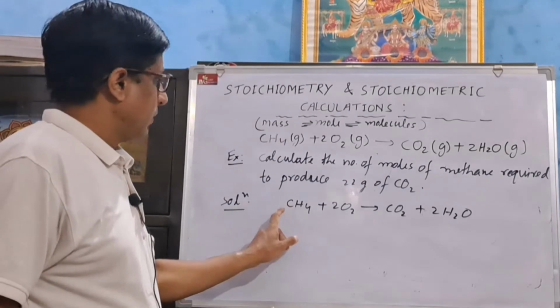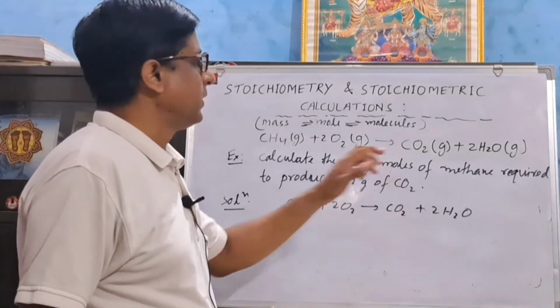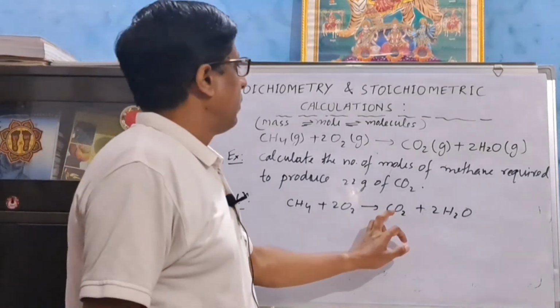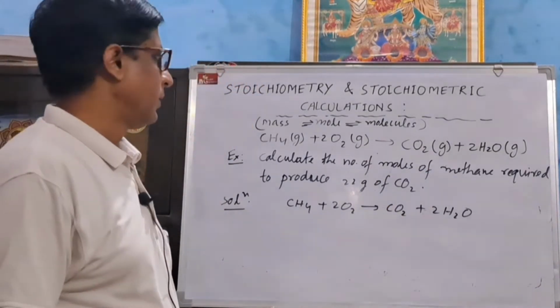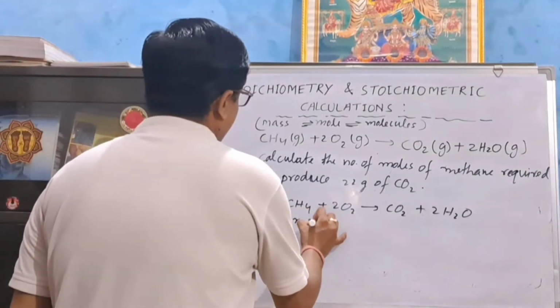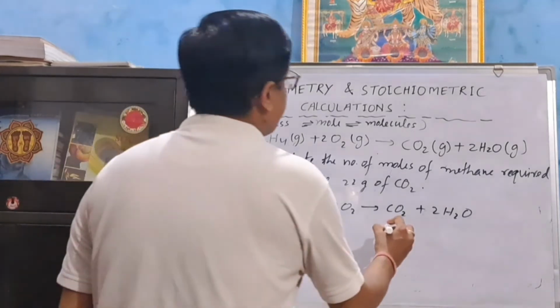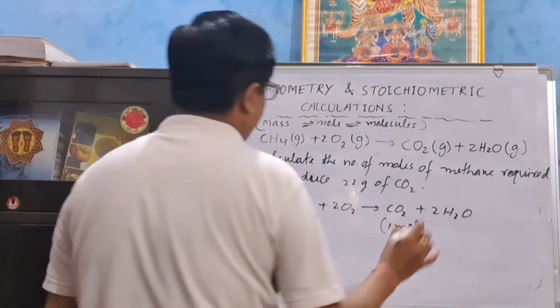Here, 1 mole of methane reacts with 2 moles of oxygen to produce 1 mole of carbon dioxide and 2 moles of water vapor. 1 mole of methane gives 1 mole of CO2.